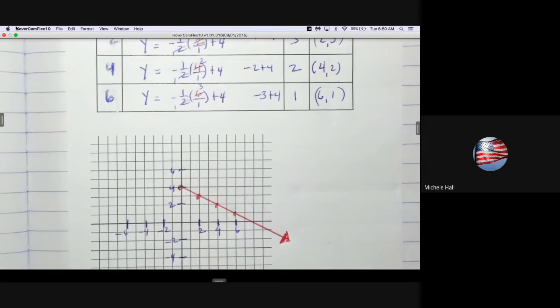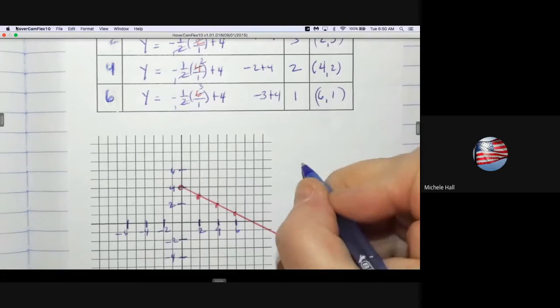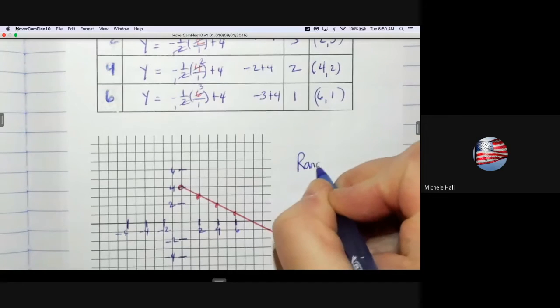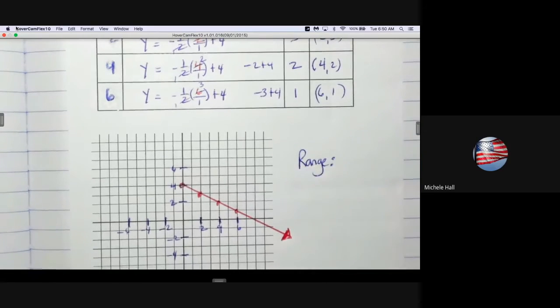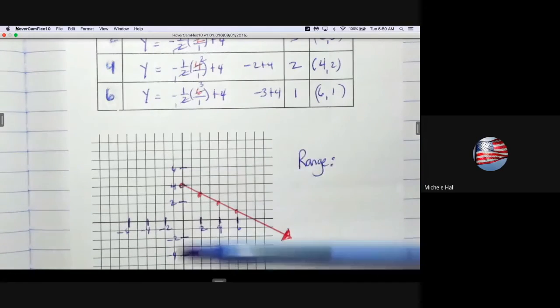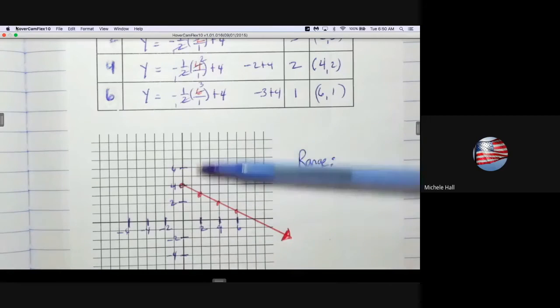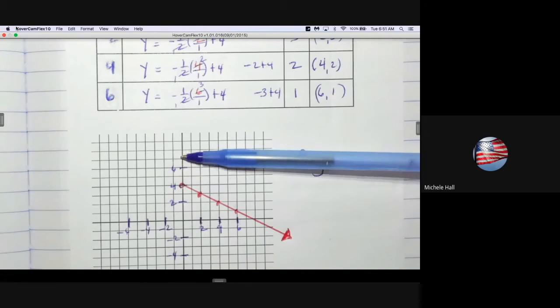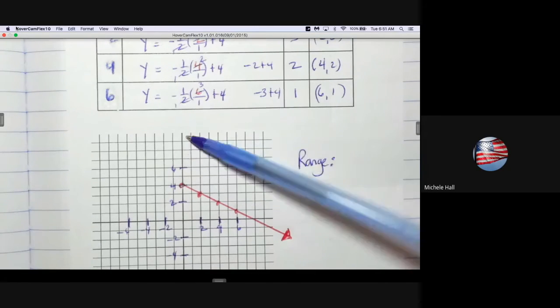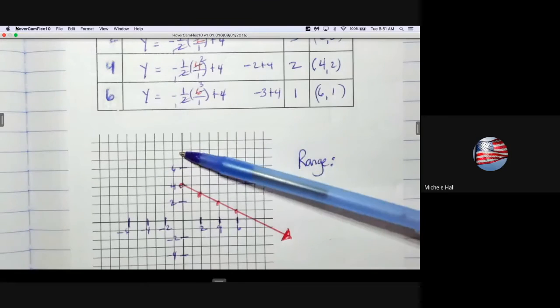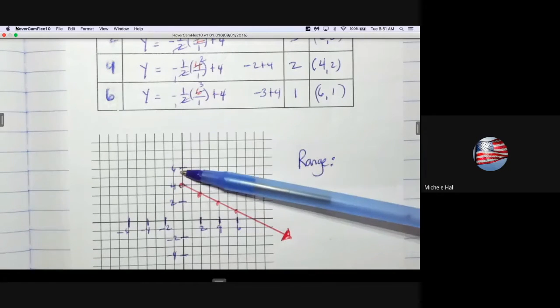Then identify the range. Okay. What is the range here? If I take my pen and I run it along the y-axis, is the function going to be up here at 7? No, I don't see the function anywhere here. At 7, 8, do I see it at 6?